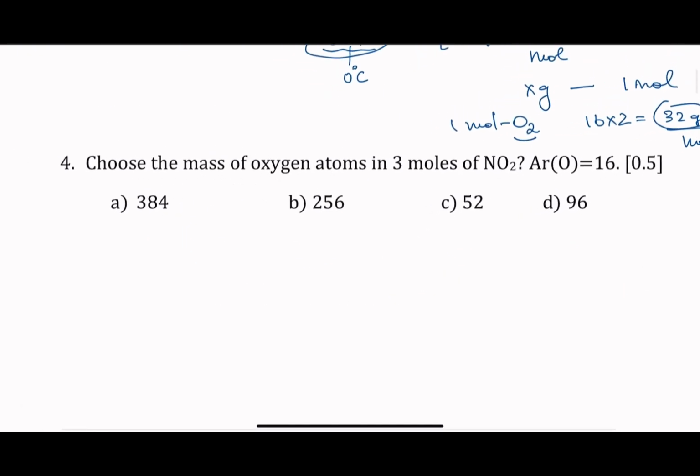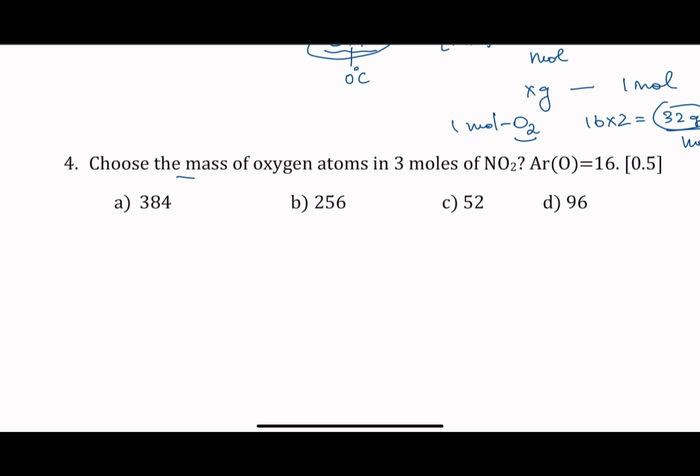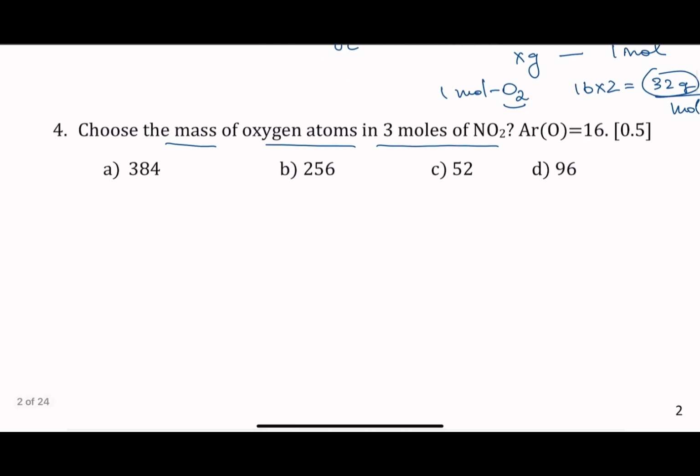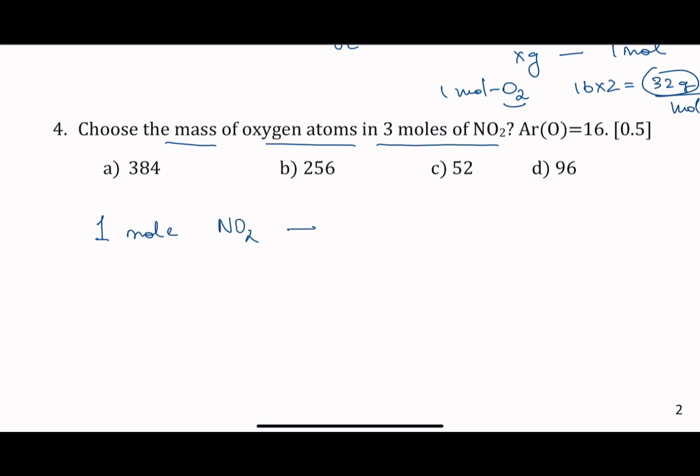Question 4 is asking us to choose the mass of oxygen atoms in 3 moles of NO2. In 1 mole of NO2, we have 1 mole of nitrogen and 2 moles of oxygen, right?